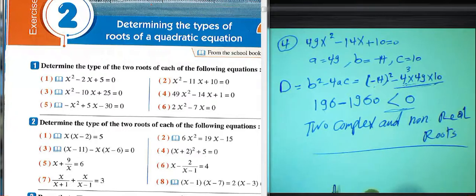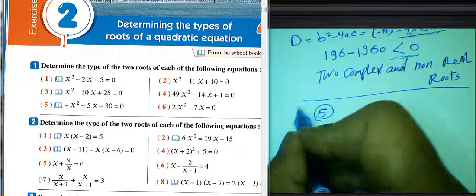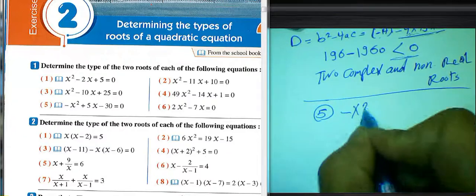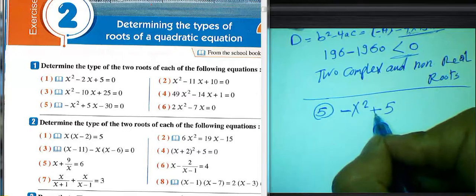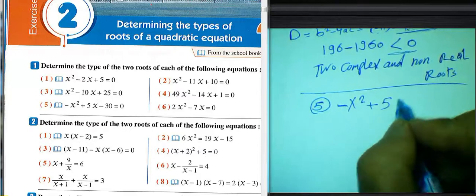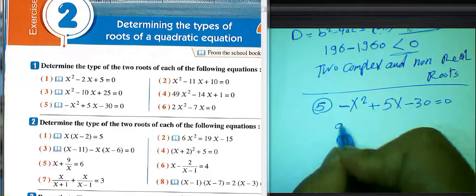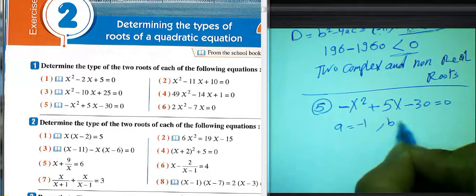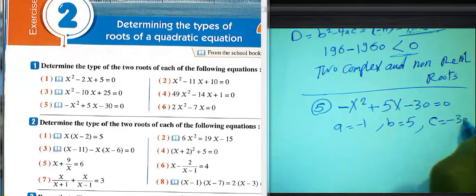Question number 5. Negative x power 2 plus 5x minus 30 equals 0. First, a equals negative 1, b equals 5, and c equals negative 30.